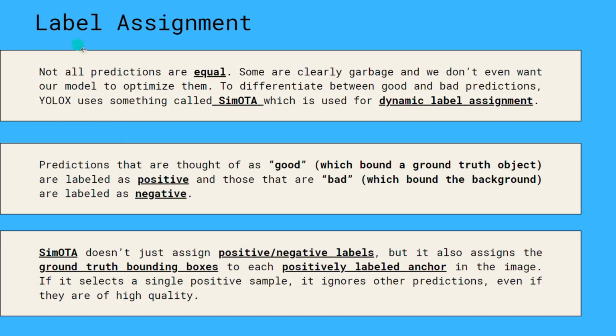Now we're going to talk about label assignment. Not all predictions are equal. Some are clearly garbage and we don't even want our model to optimize them. So to differentiate between good and bad predictions, YOLOX uses something called SimOTA, which is used for dynamic label assignment.